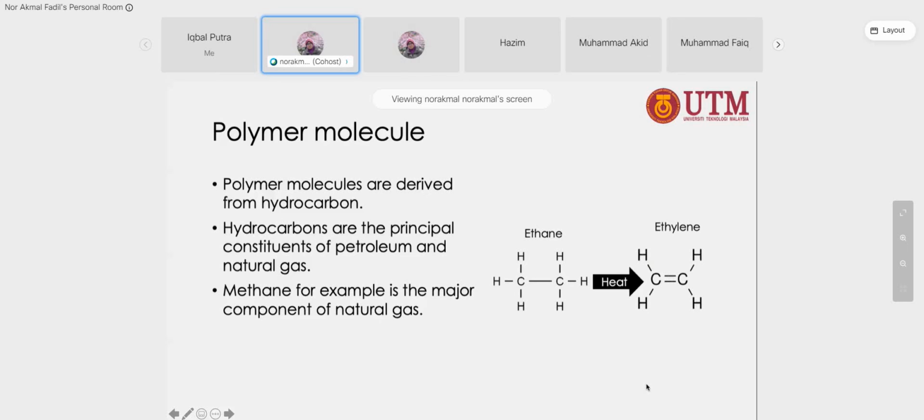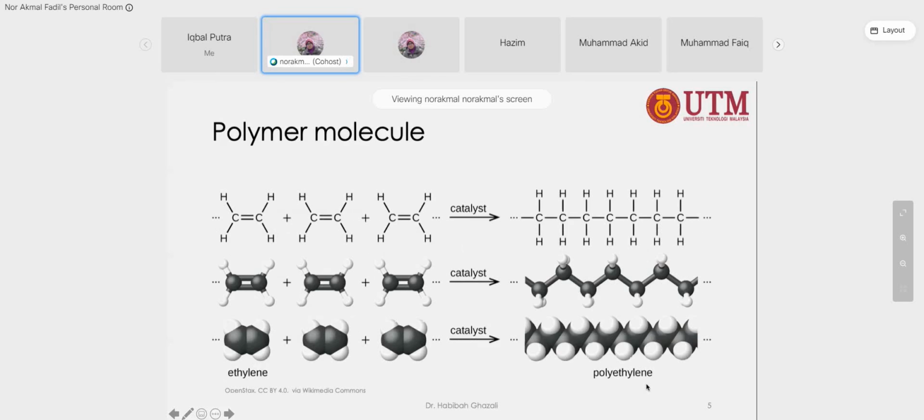When we heat it, we can produce ethylene, a monomer. These hydrocarbon molecules are the precursor to produce polymer. For example, we have a monomer where the carbons are bonded with a double bond. If we break these double bonds, we can combine all these monomers to form polymer.